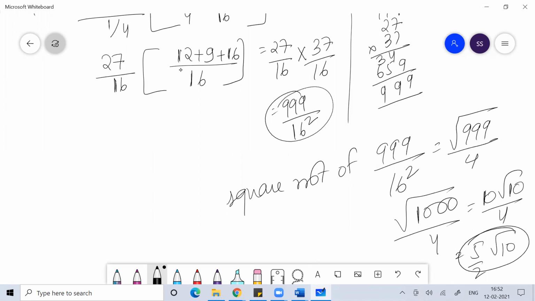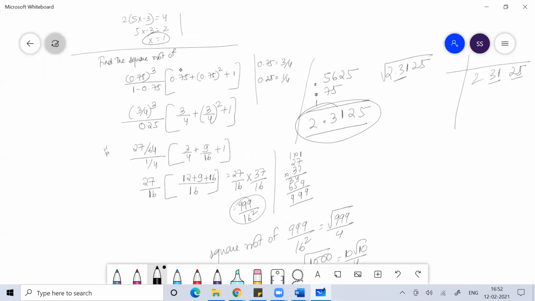Is everyone understanding what I'm doing? So 0.75 is 3 by 4, 9 by 16, plus 1.